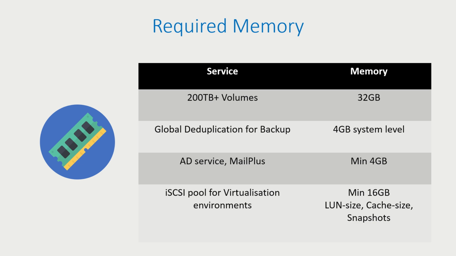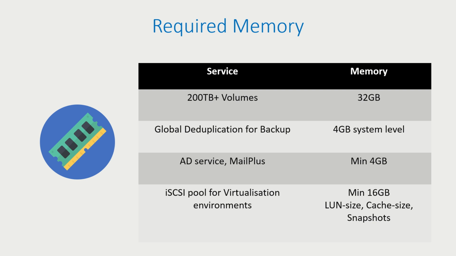Right, so we've talked about the file system. At this stage, you'll be wondering, do I need more RAM when you're speccing out your system? Memory is needed when you want the 200 terabyte volume size that we mentioned earlier. If you're setting up a backup system, notably with our Active Backup free software, well, Active Backup, because it does global deduplication, really needs a minimum of 4 gigabytes at the system level, and potentially more if you've got hundreds and hundreds of users.